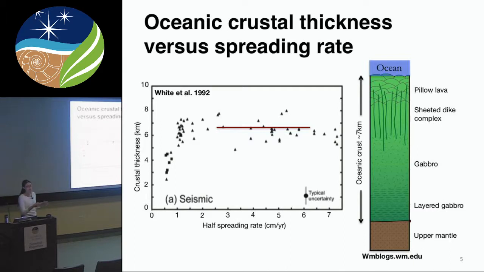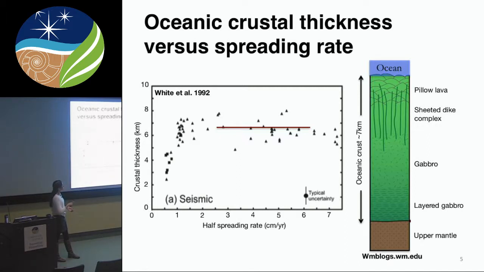And this is all based on seismic observations. And you have to remember, most mid-ocean ridges have a half spreading rate of more than 1 centimeter per year. So most of the mid-ocean ridge lies in this region.